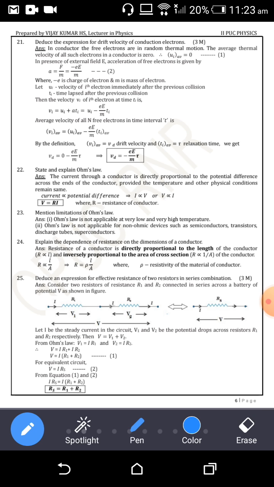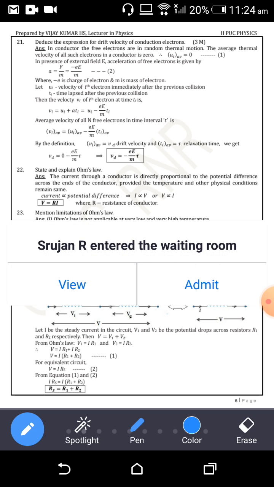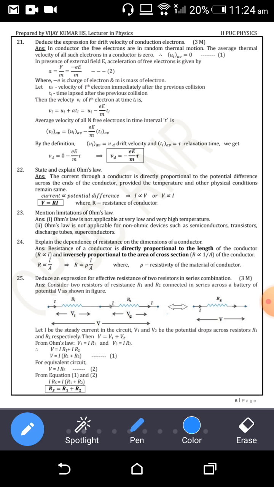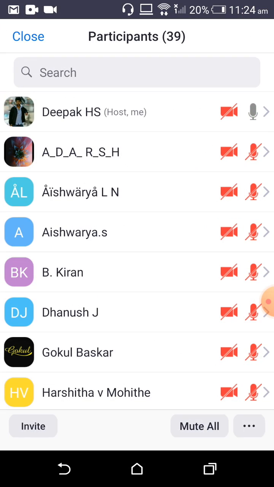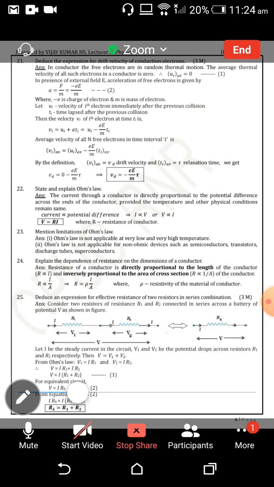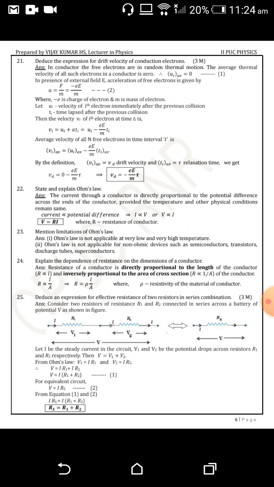So next, what happens when you connect a battery, that is, when the electric field is applied? The electrons drift or accelerate in a direction opposite to that of the applied electric field. In that case, from Newton's second law we know that F is equal to m into a, right?